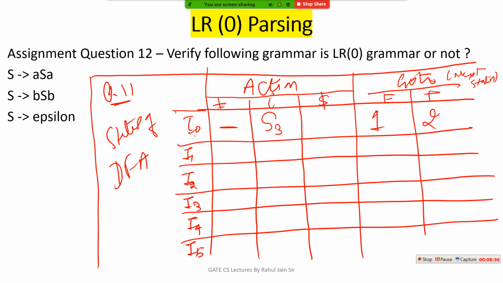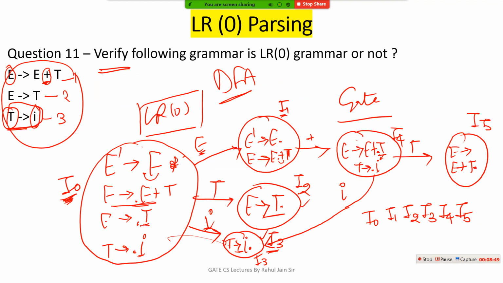It simply means that it is shifting, we need to shift here. I0 on i is shifting to the third state. So I am completed with I0 because I have taken this transition and this transition.